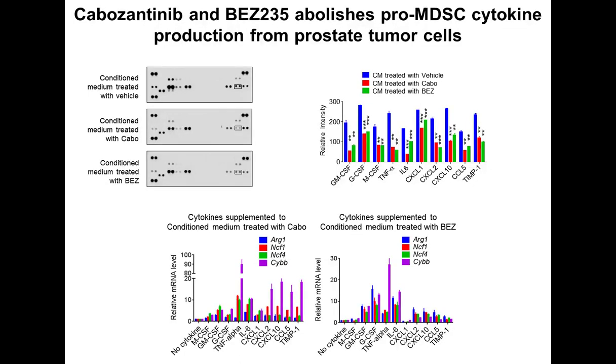Now the expression of those important immunosuppressive genes is partly recovered when you supplement the conditioned media with the individual cytokines. This gives us the conclusion that the drugs, BZ and carbo, not only affect the MDSCs directly, but also affect what cytokines are secreted by cancer cells. By reducing the secretion of pro-MDSC cytokines, those drugs also reduce the ability of cancer cells to promote MDSCs in the microenvironment.